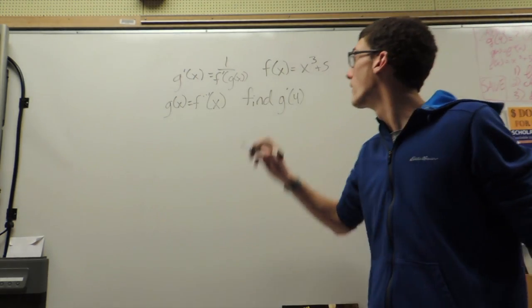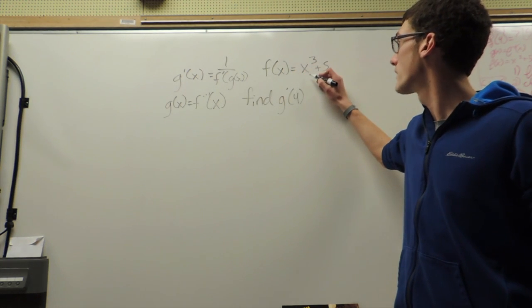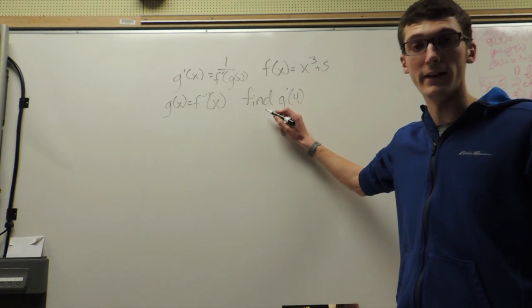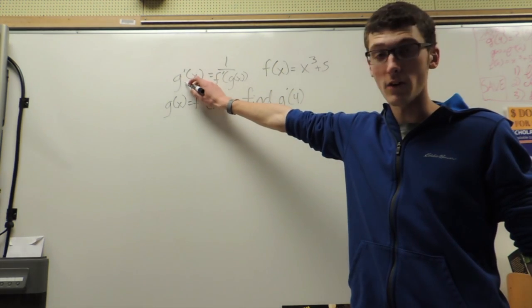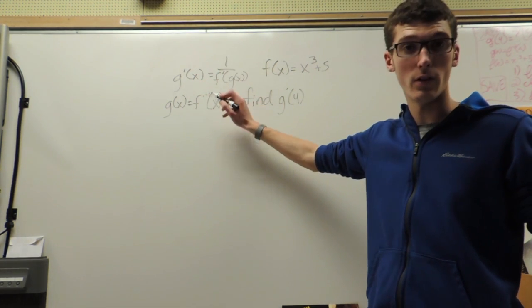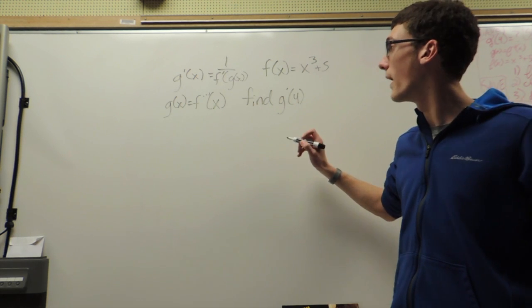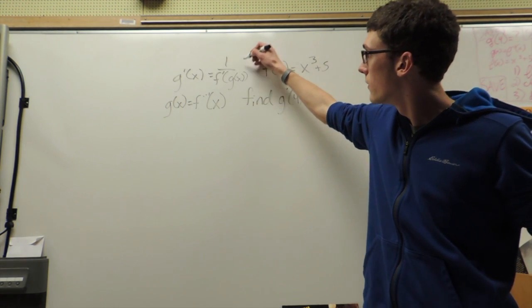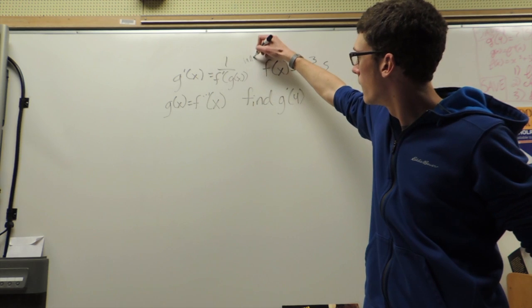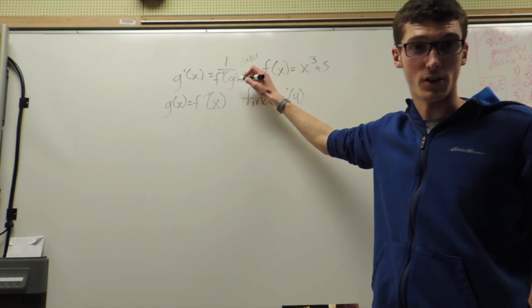So we have the equation right here, f of x equals x cubed plus 5. And we're finding g prime, which is that right there, and also the derivative of the inverse at 4. So we're going to start by finding the innermost function.